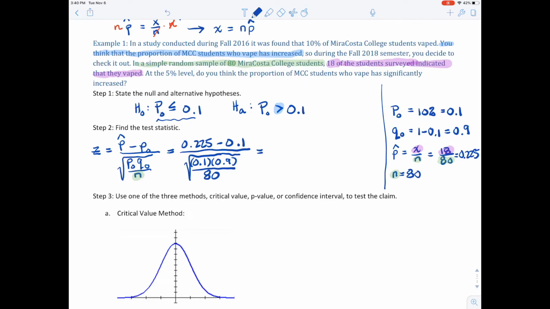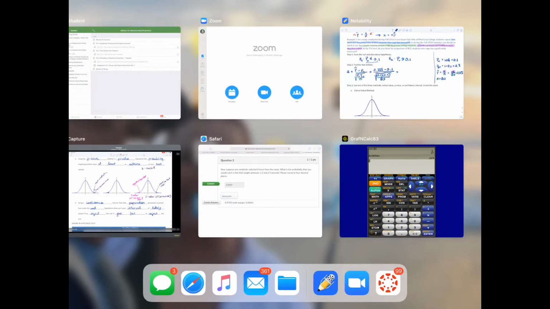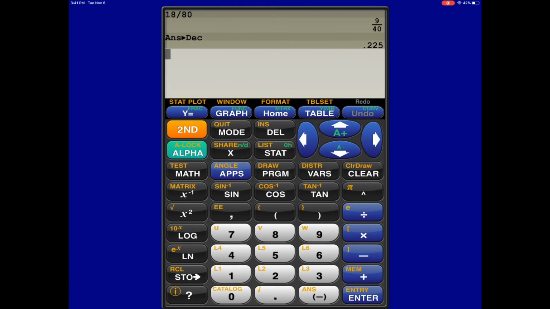Well, when we do this on the calculator, remember to put parentheses around everything, so 0.225 minus 0.1 divided by the square root of 0.1 times 0.9 divided by 80.